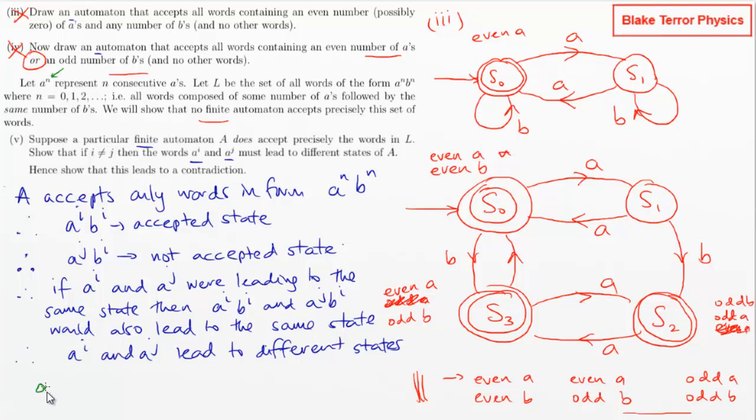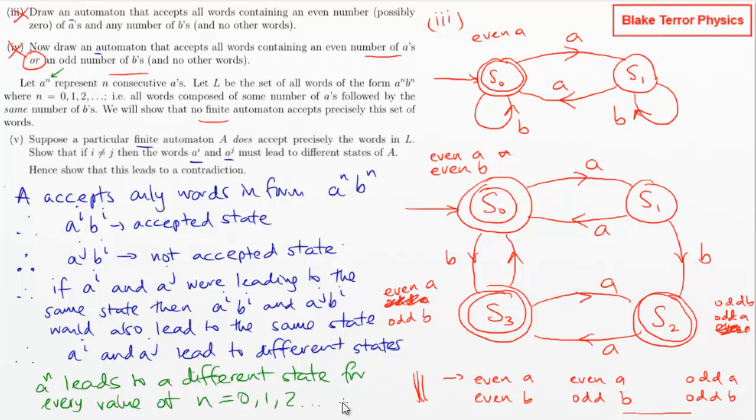So A^N leads to a different state for every value of N, which is just going from 0, 1, 2 all the way up to infinity. So therefore we've got an infinite number of states.